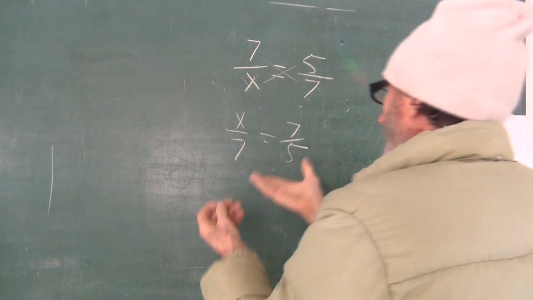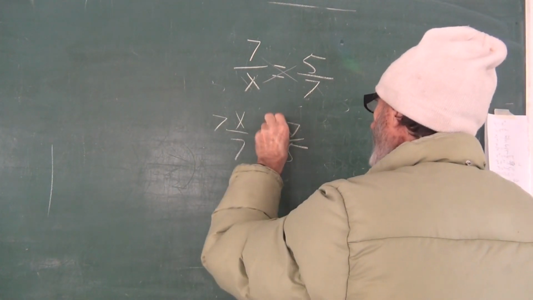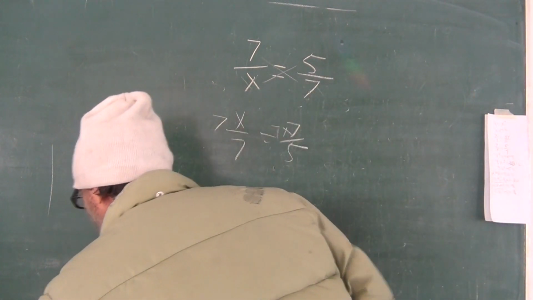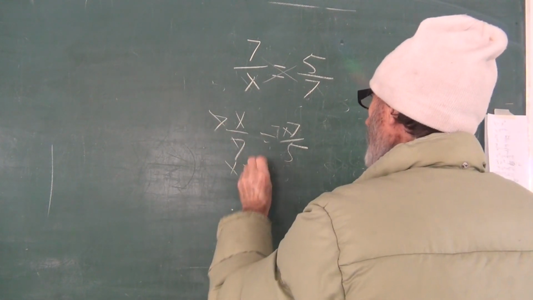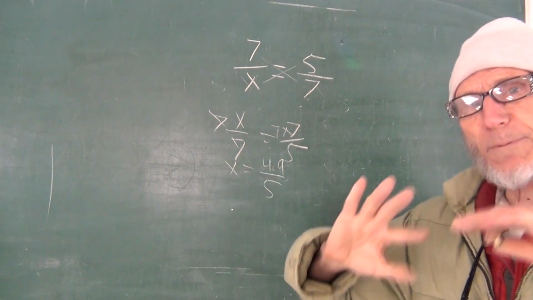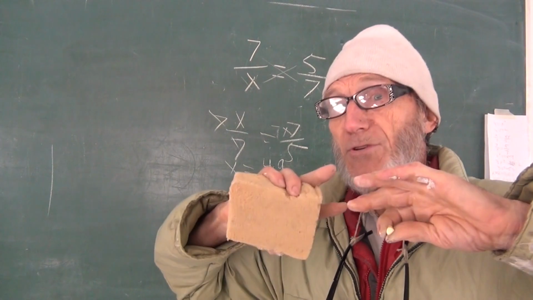Okay, then just multiply both sides by 7, and you're going to end up getting, not much chalk left here. I have to make this a pretty short lecture. And then you're going to have x equals 49 over 5, which is the same thing we got here, but by flipping both sides, I think it's a little easier. Just remember, be sure you flip both sides.